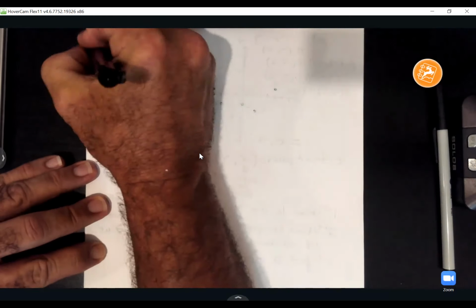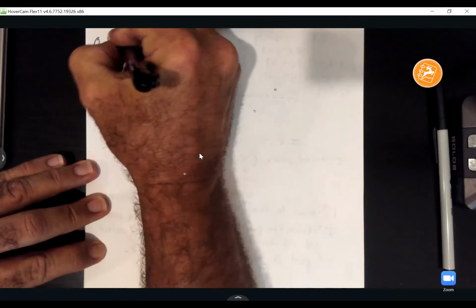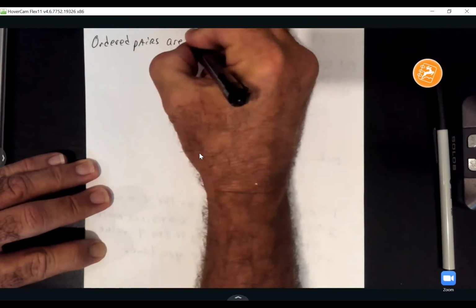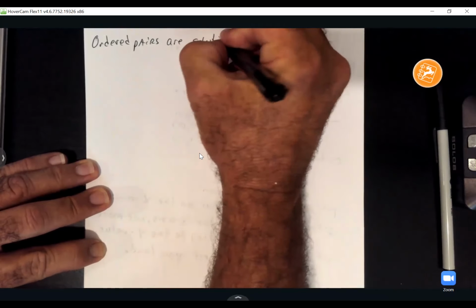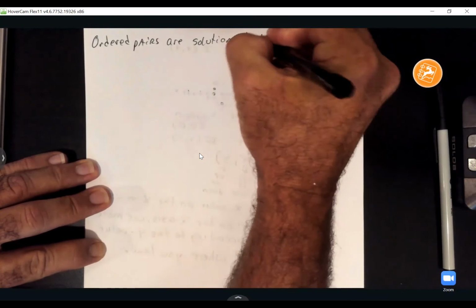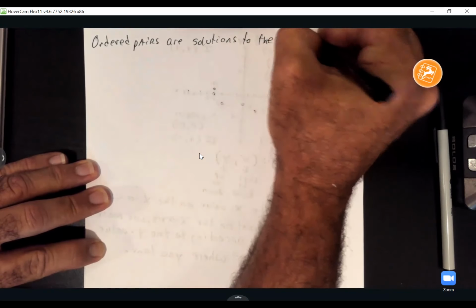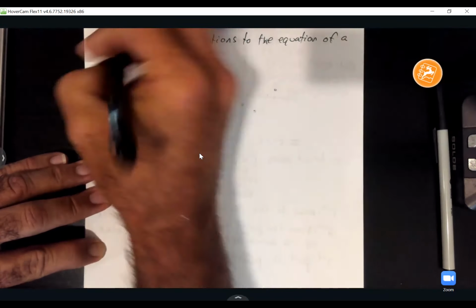And y'all, here's another thing about ordered pairs. Ordered pairs are solutions to the equation of a line.